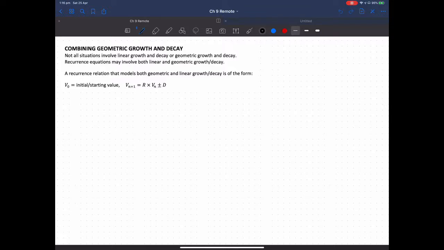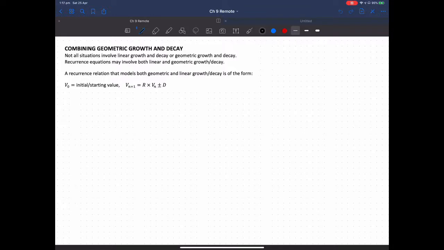There are many situations where recurrence equations do not represent linear growth and decay or geometric growth and decay. They may be a combination of the two. So we're now going to be looking at situations where we can have a combination of geometric growth and decay with arithmetic growth and decay.